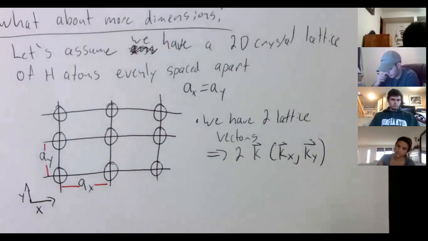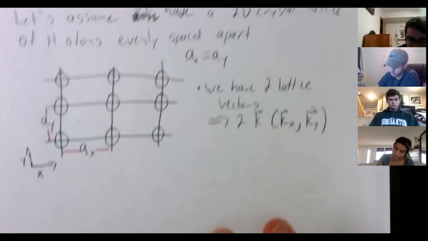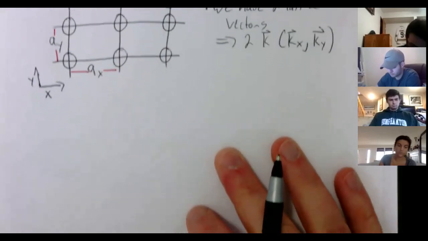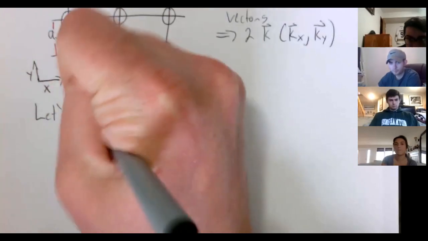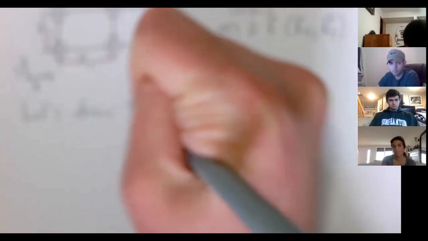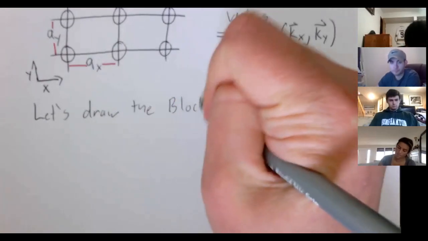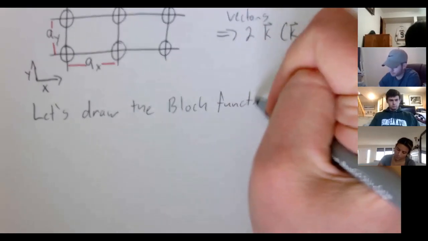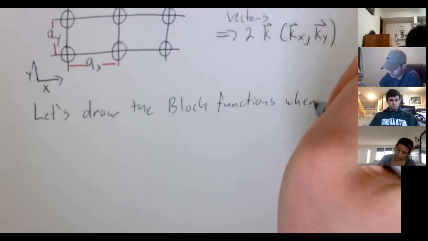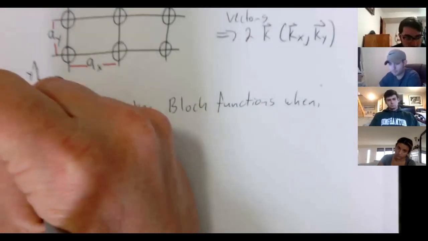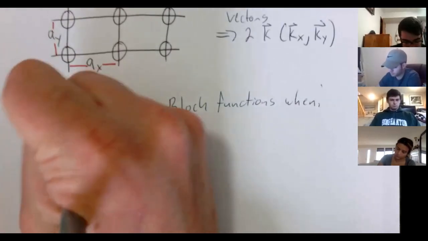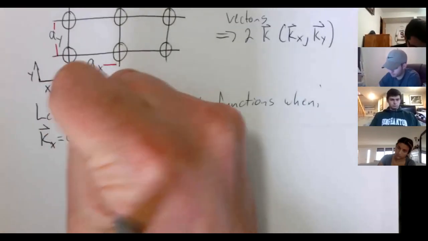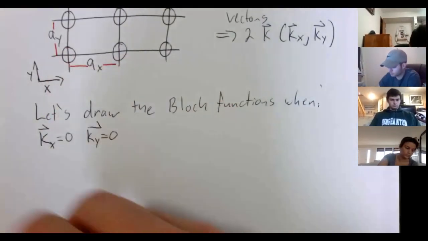Let's draw the Bloch functions for the following systems. The first one we're going to do has kx equal to 0 and ky equal to 0.